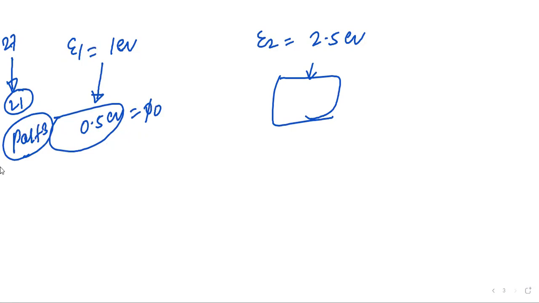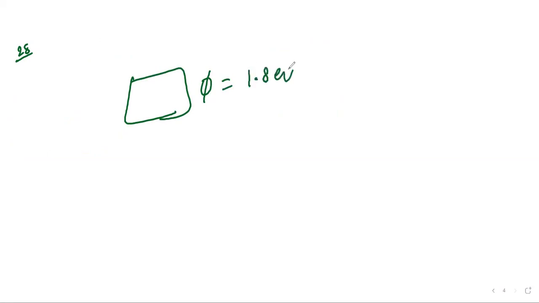Next question is 28. In the photoelectric emission process from a metal of work function 1.8 electron volt, the metal work function is given, right? That is phi is 1.8 electron volt.